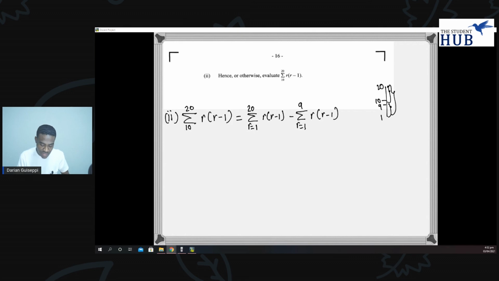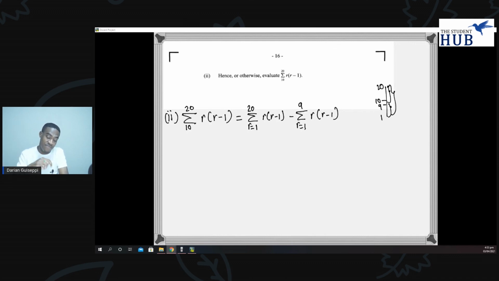So that's what I have here. I found the sum of the first 20 terms, and then I found the sum of the first 9 terms, and I subtract those two. And that would give me the sum of the terms from the 10th term to the 20th term, the sum of all those terms. And that's basically it.